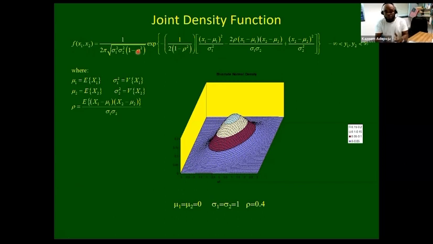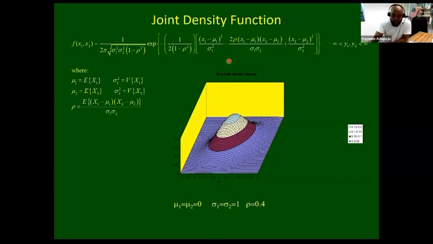When rho equals 0, it basically says x1 and x2 are independent. If I plug in 0 for rho, wherever you see rho, all you're going to see is the product of two univariate normal distributions, the first for x1, the second for x2.